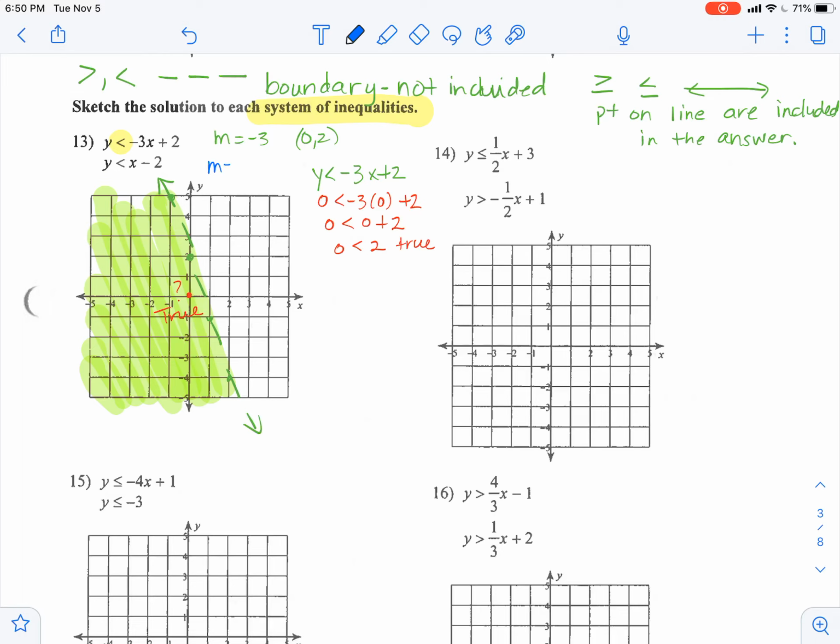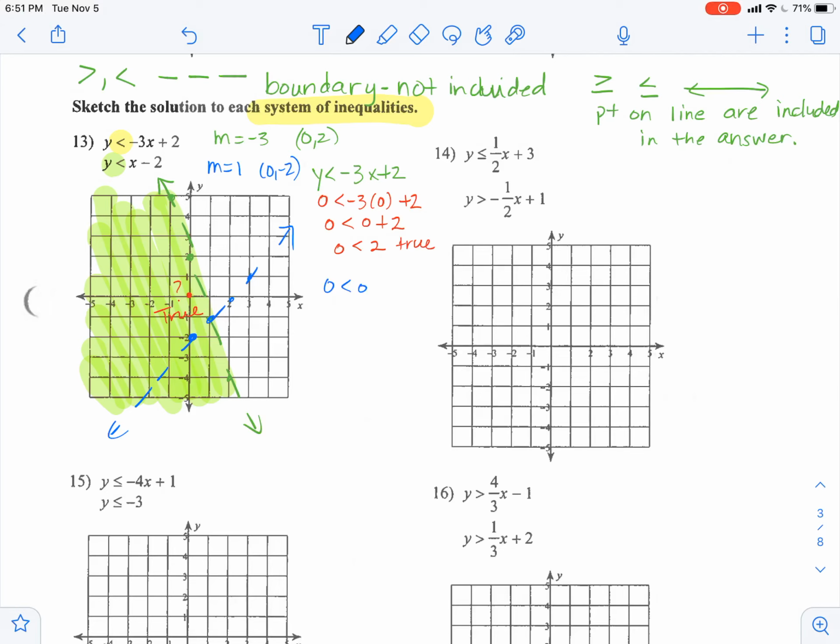It has a slope of 1 and a y-intercept of (0, -2). So I'm going to go to -2, slope of 1. Again, I'm going to look at the sign. It is just a less than, so I am going to dot my line. Now I'm going to put a (0, 0) test on there.